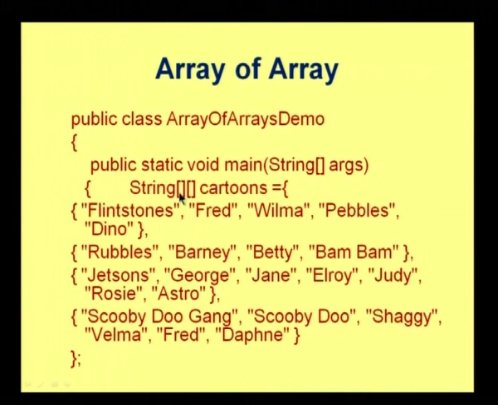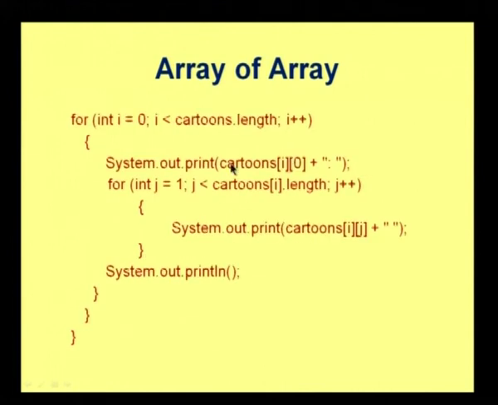In this 2-dimensional array, whenever I specify cartoons of 0, 0, your first element of your first array will be taken into consideration, whereas if I give 0, 1, the first array's second value will be considered. Similarly, we can access all these arrays. You can see this: the i value here is 0 initially, so 0, 0 will be taken into consideration.